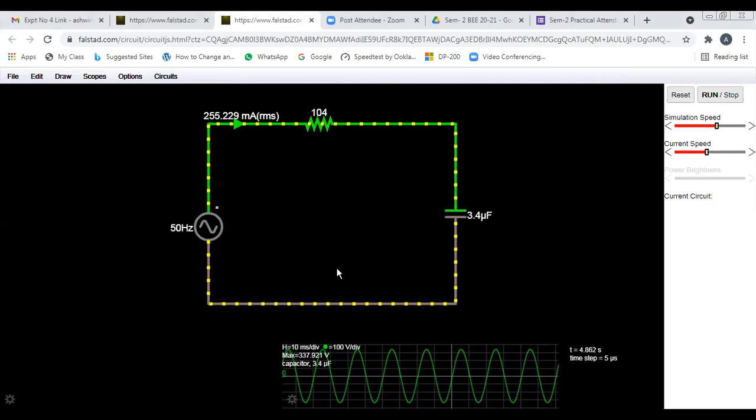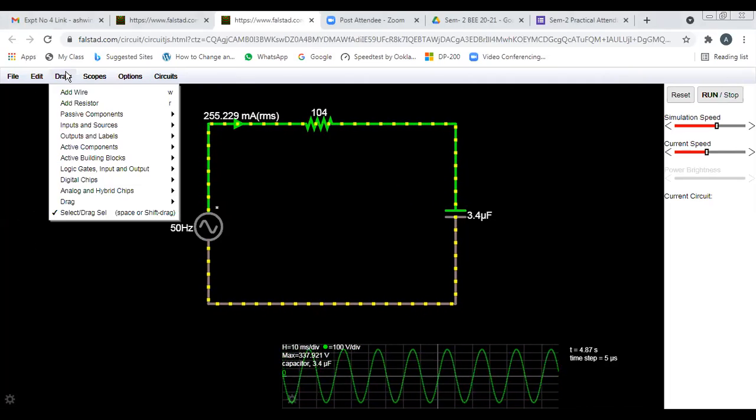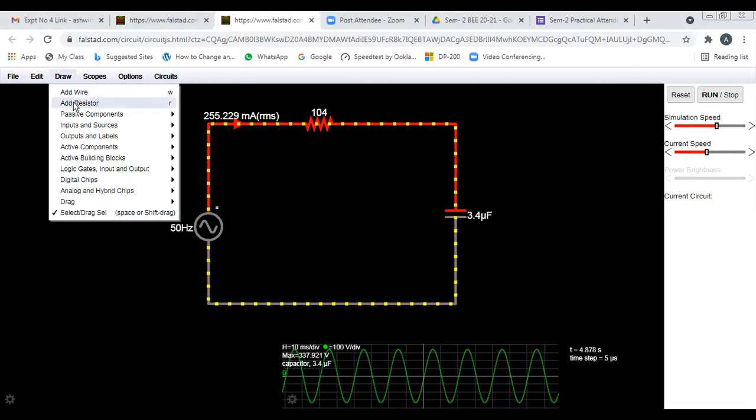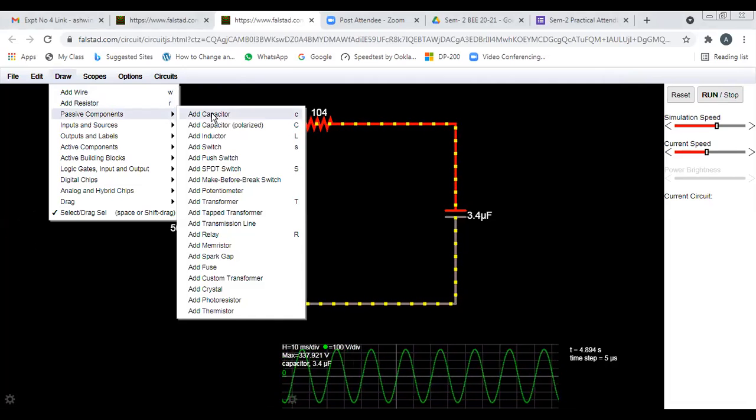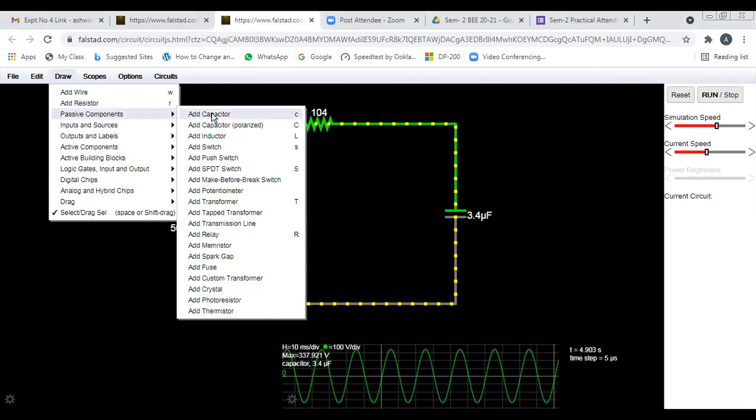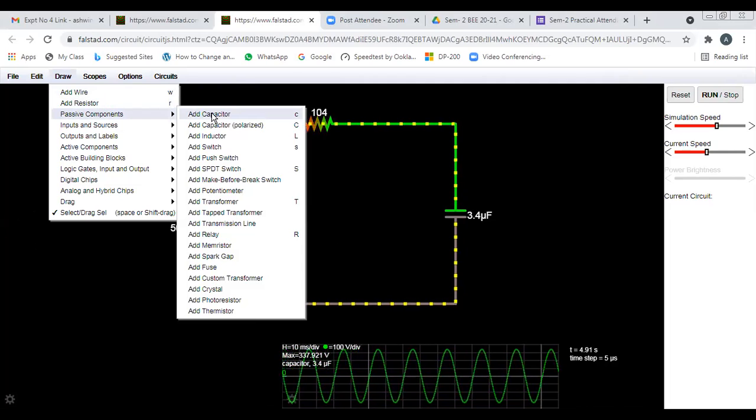Here a blank window will appear, then you can design. See, resistor is the second option, add resistor, select from here. In passive components, add capacitor is the option. Okay, so from here you can select the capacitor.